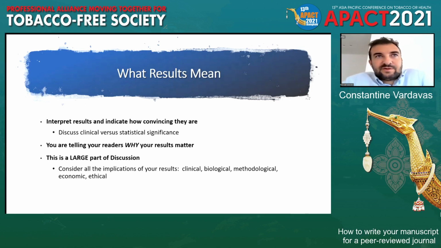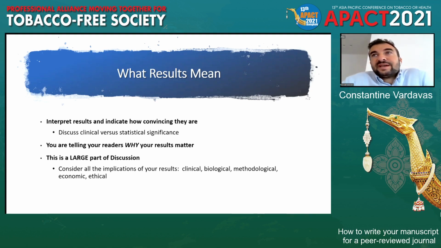interpretation or any meaning. For instance, if you have a very large sample size, it's more likely to have a statistical significance because the p-value depends on sample size. So if you have a very big study, 10,000 participants, you may find more statistically significant results.